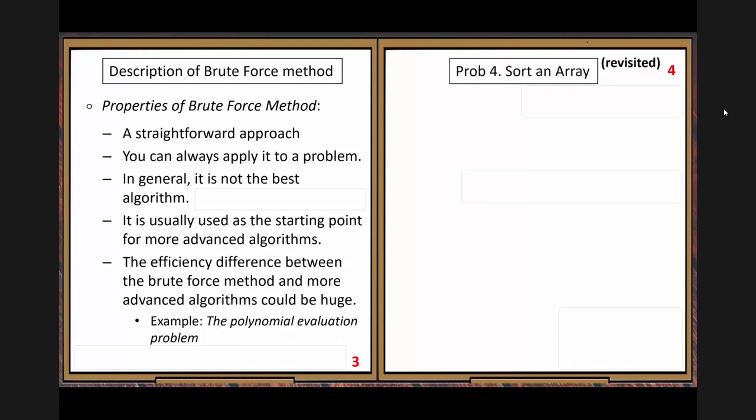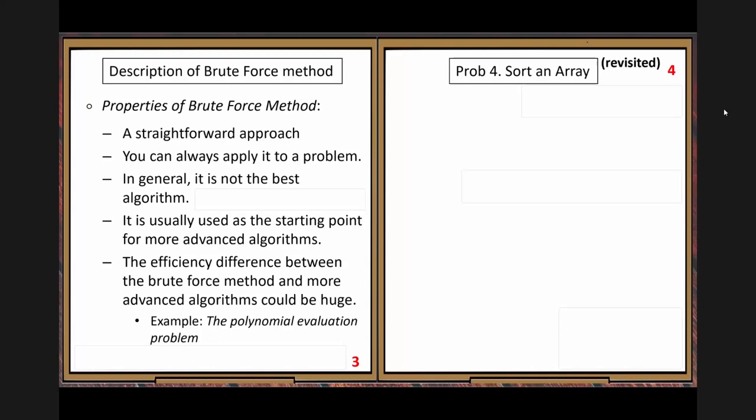Although sometimes it's hard to describe exactly what is the brute force, some algorithms need some simple work, a little processing work, but you can treat them as very close to the brute force.